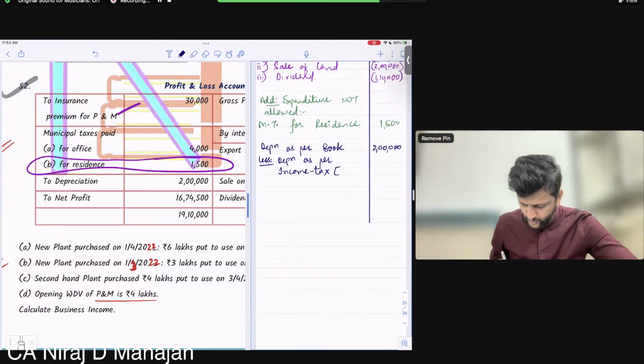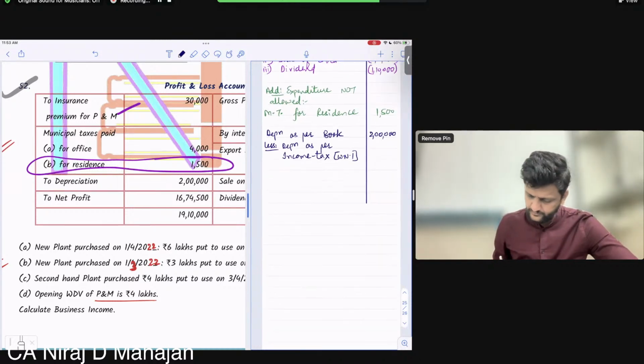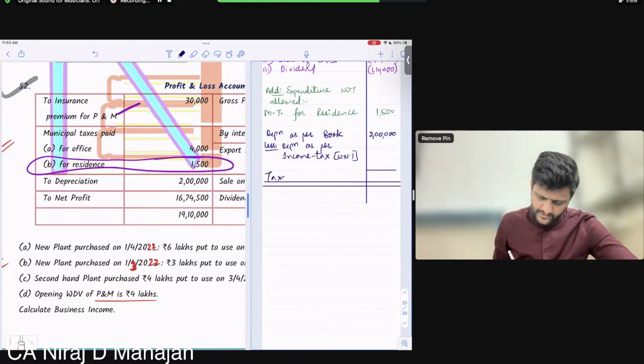But for that we'll have to do working note 1. That is the only adjustment required over there. So write down your taxable business income. You know?